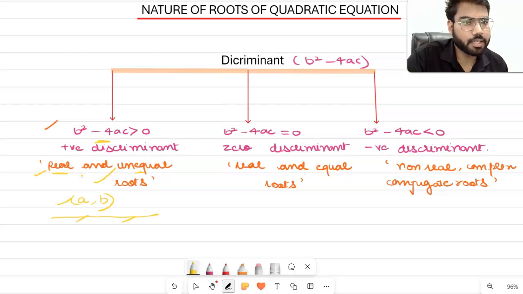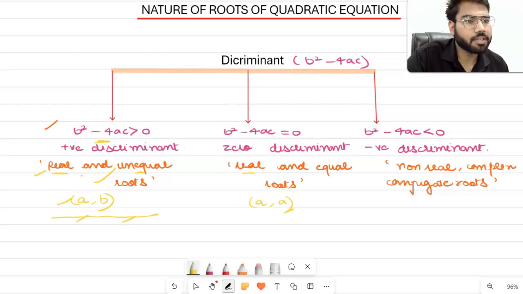Coming to the second case, if b square minus 4ac is equal to 0, the value of discriminant will be 0. In this case we will get real roots, but both roots will be equal. So if one root is a, then another root will also be a.